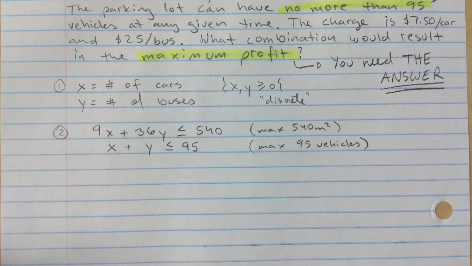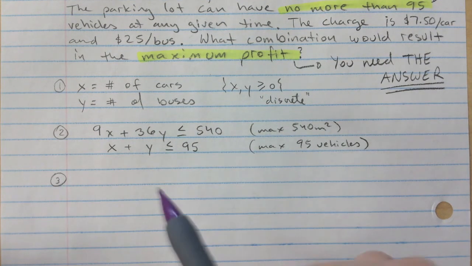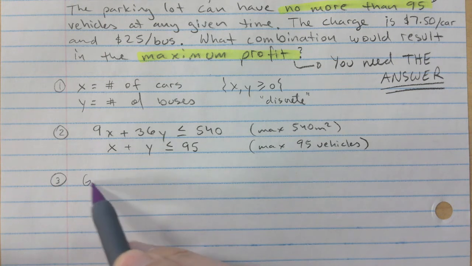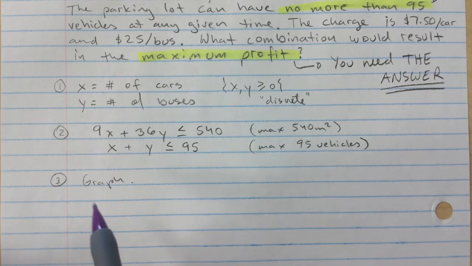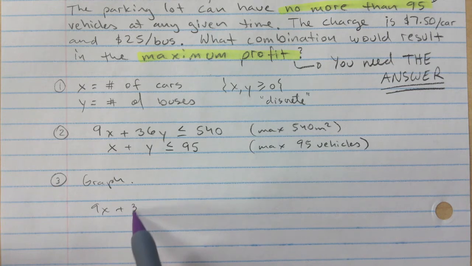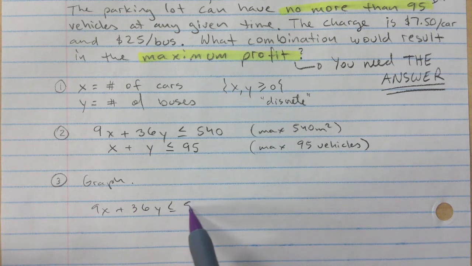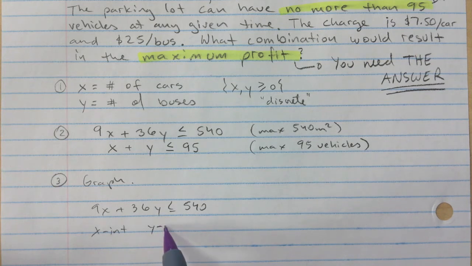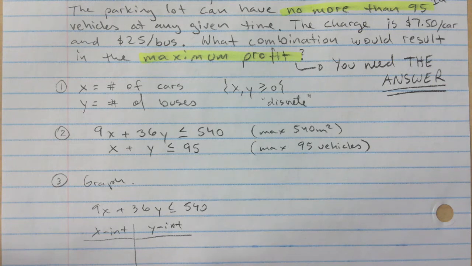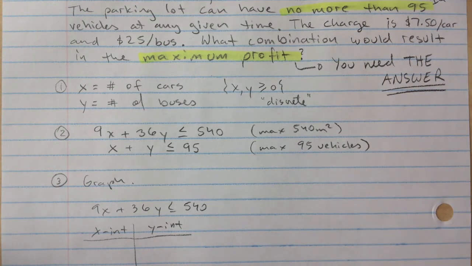Okay? Third, we're going to graph it, right? So let's go 9x plus 36y less than or equal to 540. We're going to come up with this. So I'm going to kind of race through this step because this one you should be able to do quite well.